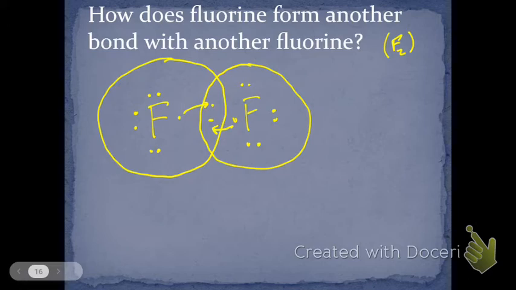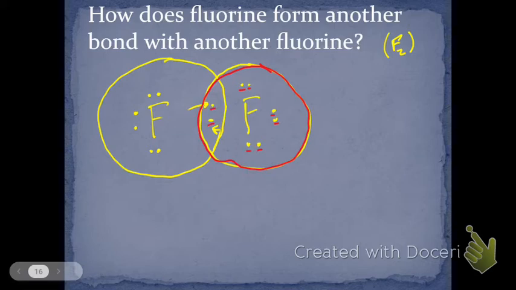So this fluorine, since they moved those electrons into, we'll call it the sharing space, now has 1, 2, 3, 4, 5, 6, 7, and 8.